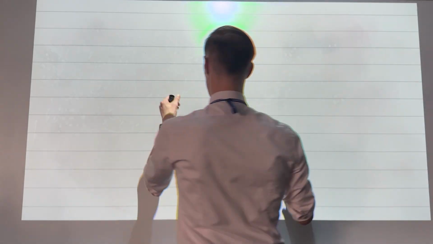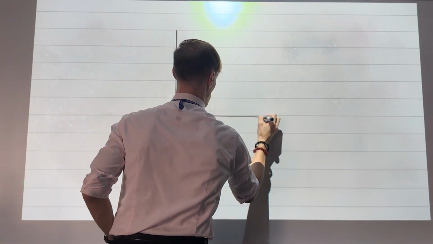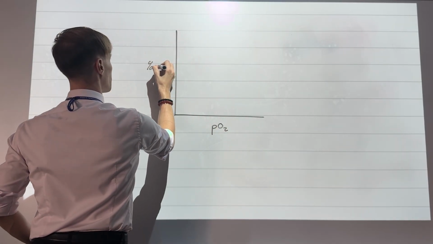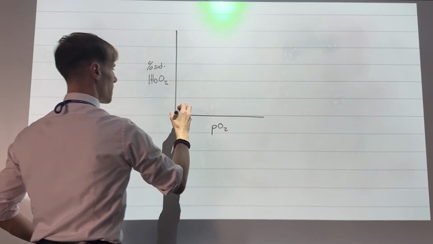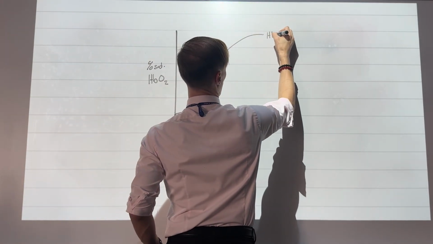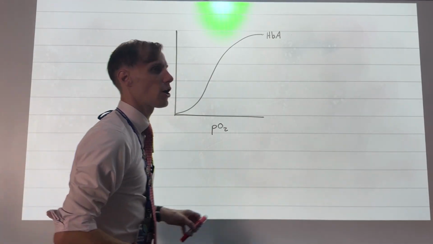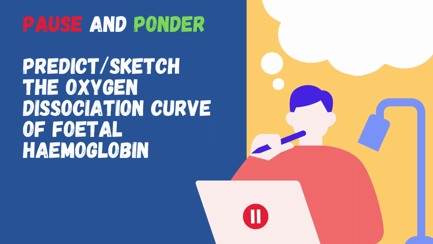Let's do a prediction here. If this was our original graph, so let's say this is for adult hemoglobin, predict what a curve would look like for fetal hemoglobin.